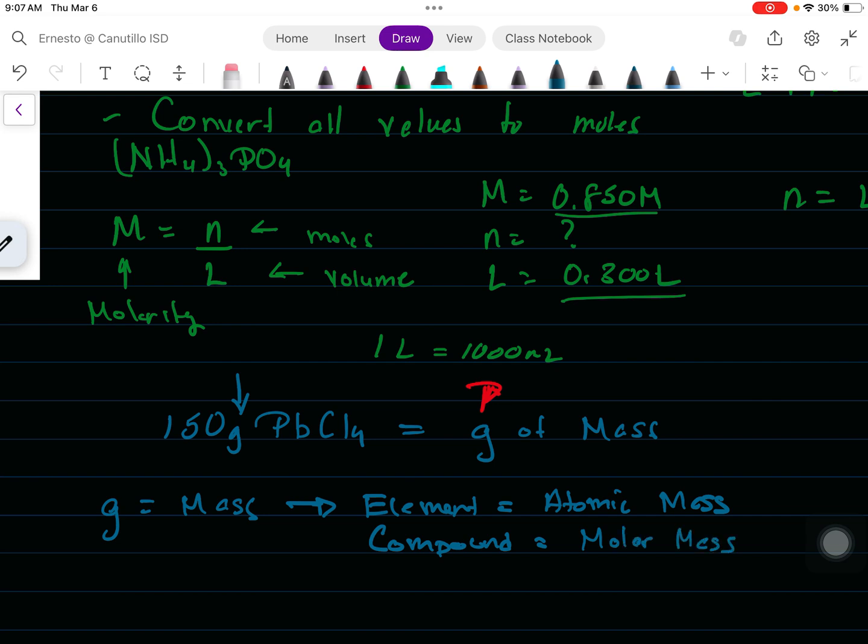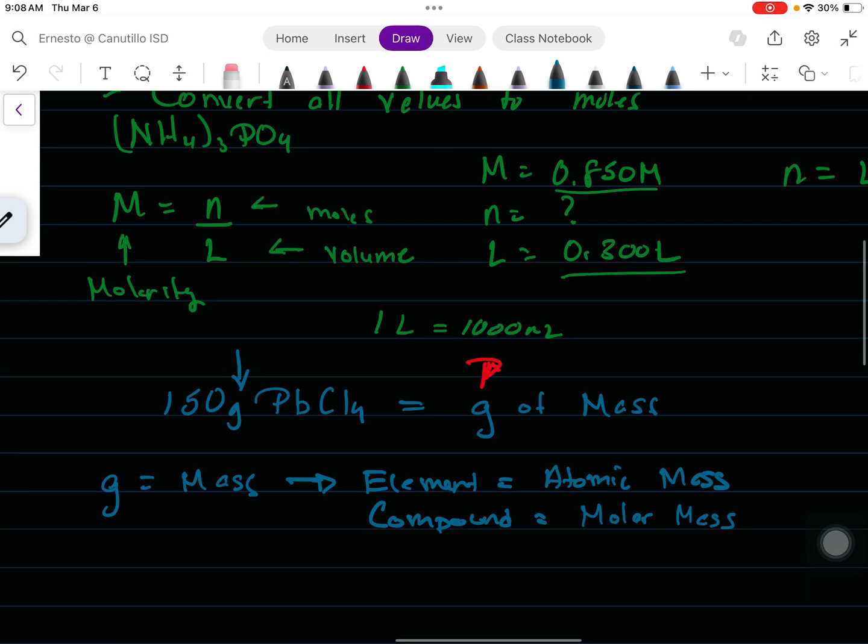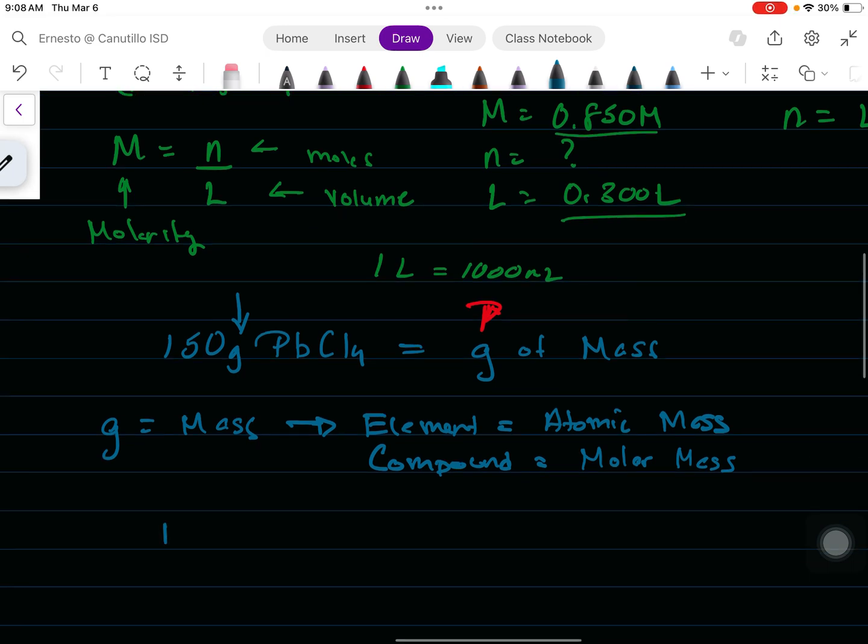I'm not going to go over molar mass in this video. Go ahead and refer back to the video in your Google class on how to find molar mass because I'm trying to make this one short. So I'm just going to give you the molar mass. The molar mass of lead 4 chloride is 349.01 grams per mole.